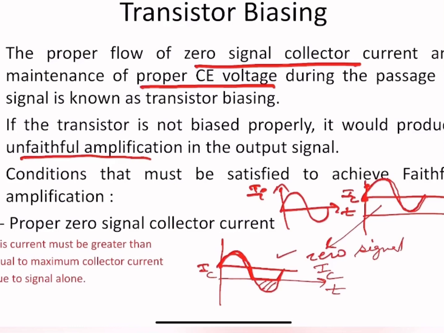Now to get faithful amplification, this zero signal collector current must be greater than the maximum collector current flow due to signal alone. This is the maximum collector current, denoted by IM, due to signal alone. So for faithful amplification, the zero signal collector current must be greater than the maximum value of collector current due to signal alone.